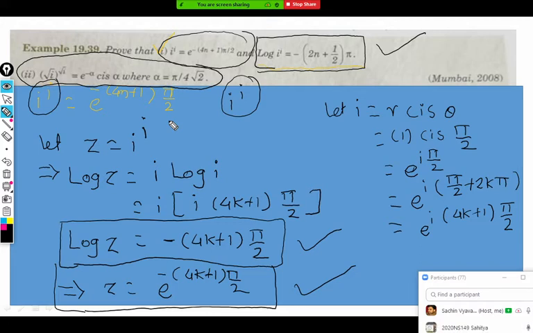Real will be e raised to that one, and imaginary will be 0. Very good, you are correct. The same thing you have to do here. Whatever we did, we only separated into real and imaginary parts. We write the real part in general polar form and also in principal polar form. Both are considered correct.